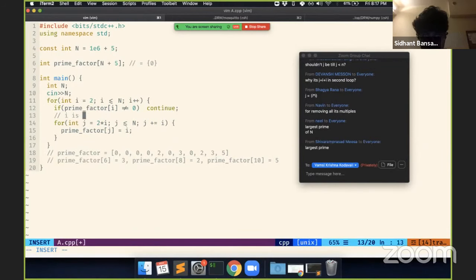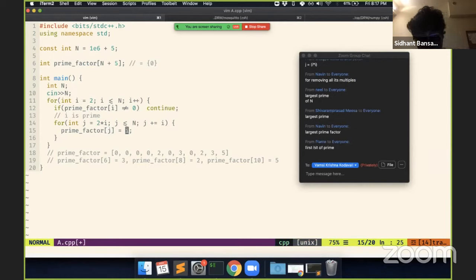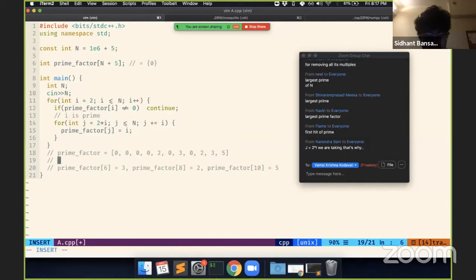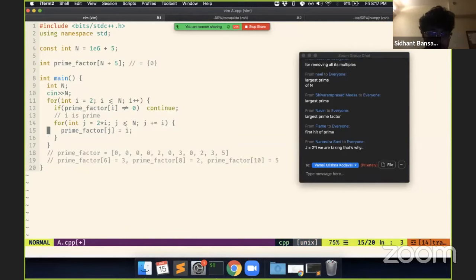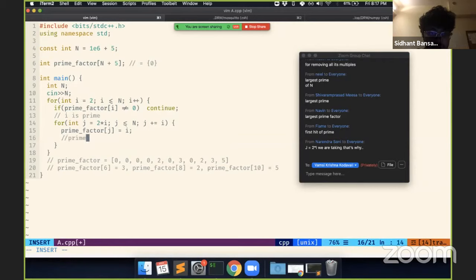So here i is prime, right? We set all the multiples of i to start saying that i is my prime factor. So 6 will say, after some run, it will come out that the prime factor of 6 is actually 2. Like here, you start saying that the prime factor of 2 times 3 is actually 2 when i is 2.